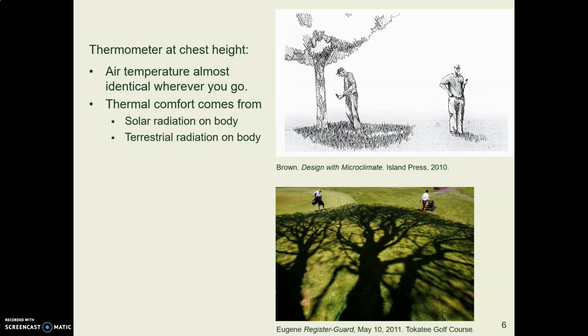So if you stand next to some black asphalt, you'll absorb terrestrial radiation, you'll feel warm. If you go stand in the shade, you'll give off more than you're getting. You'll feel cool. And I just want to point out that there's a question in our assignment worksheet for today. I think it's question 2, and it asks you a question about this.